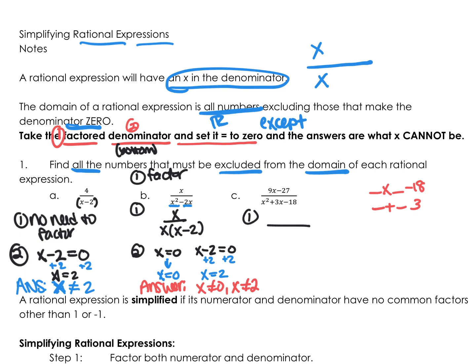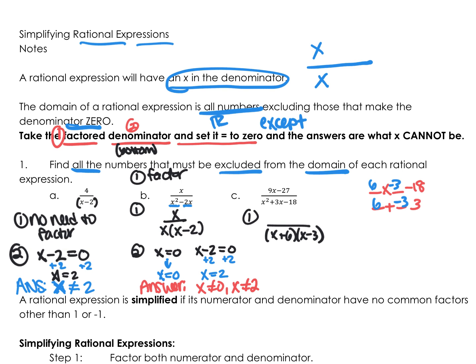So 6 and 3 multiply together to get 18. And if we make the 3 negative, those will add together to be 3. So our bottom here will factor into x plus 6, x minus 3. That's a trinomial with a equal to 1, so that's an easy factoring.